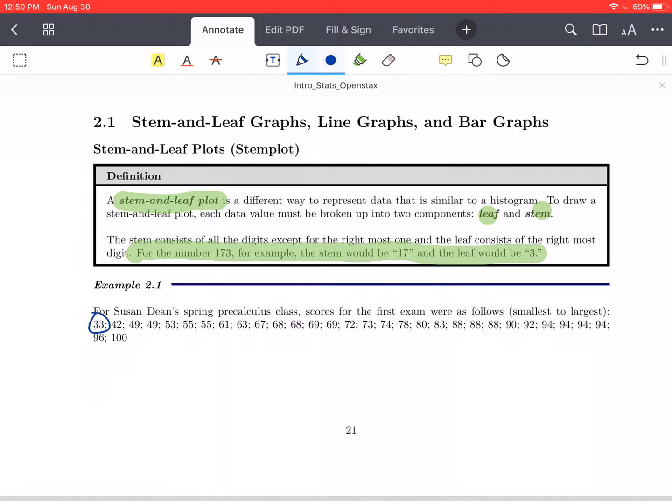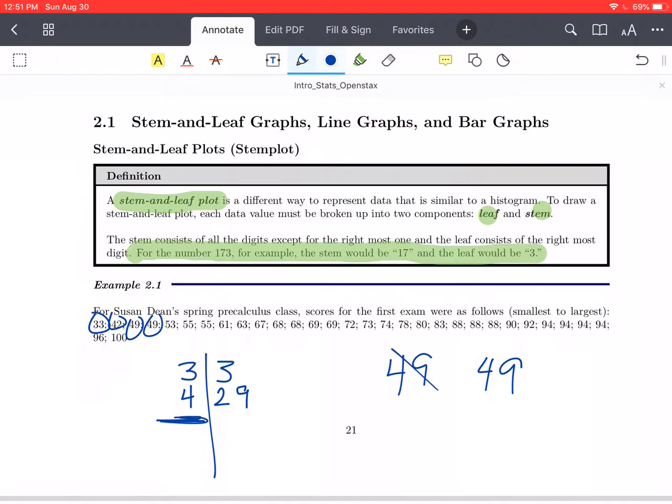When we're drawing the stem and leaf plot, the stem is the 3, the leaf is the last 3. Then we have 42, like that. And then we have 49 and 49. So instead of just rewriting 49 and 49 again, I already have the 40 right here. So I'm just going to add a 9 there on this side. That covers one of them.